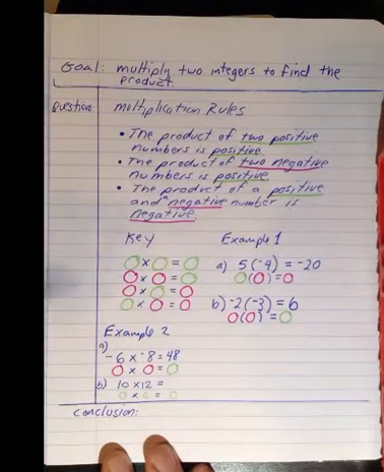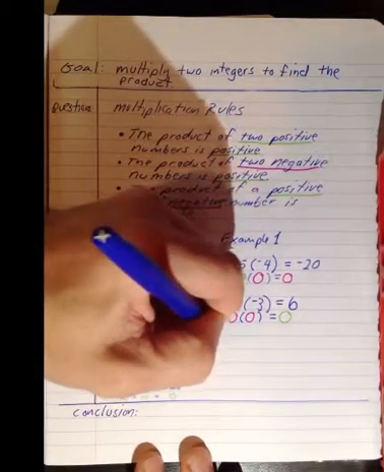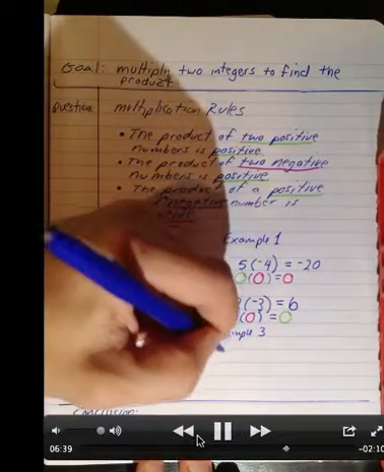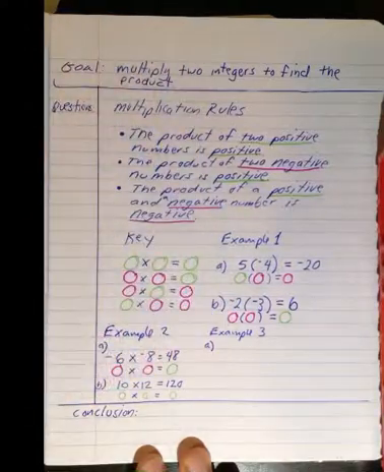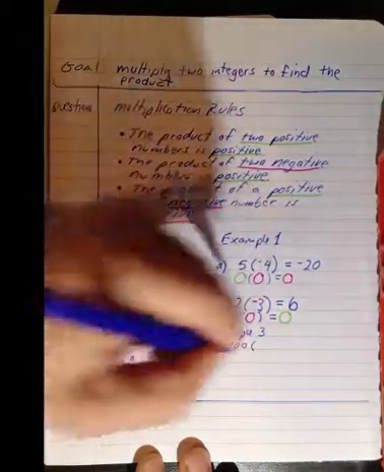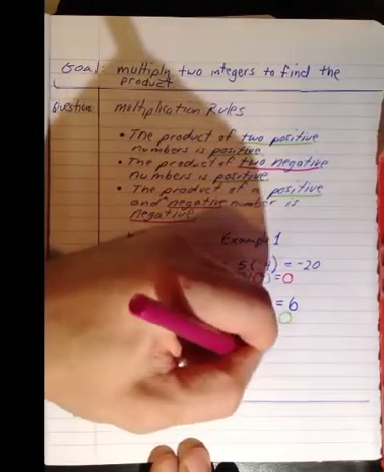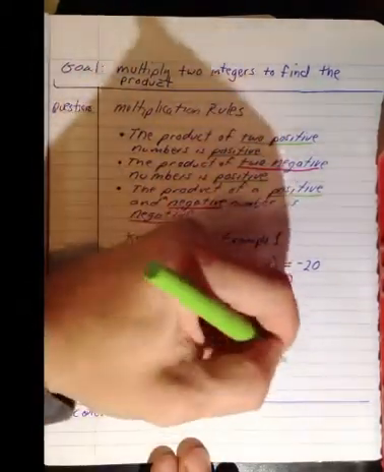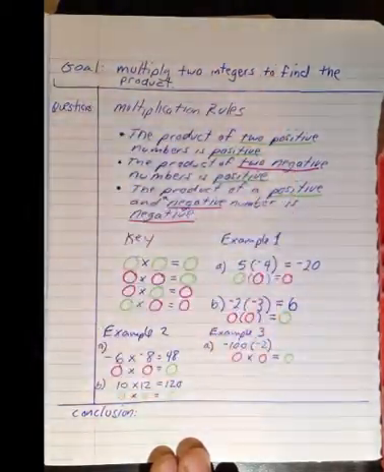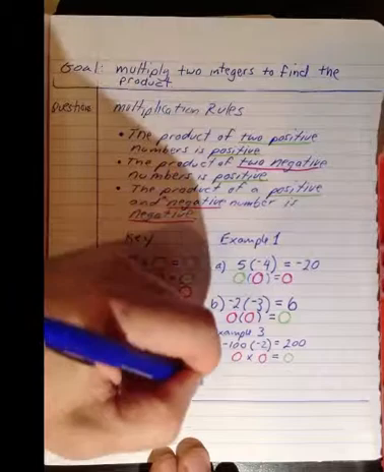That'll be 120. Example 3 is -100 times a -2. We get a positive result of 200.